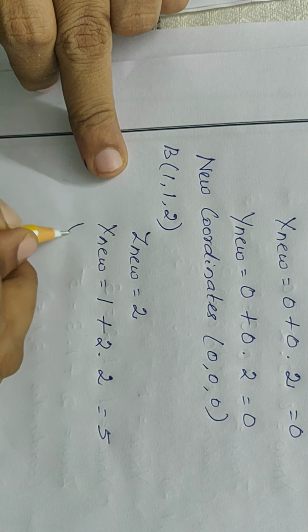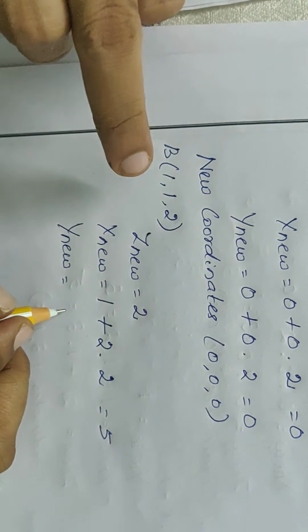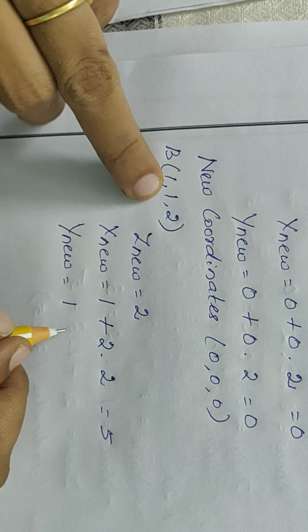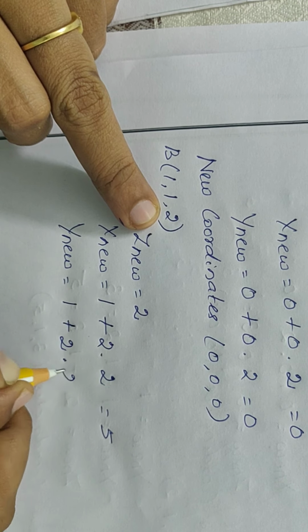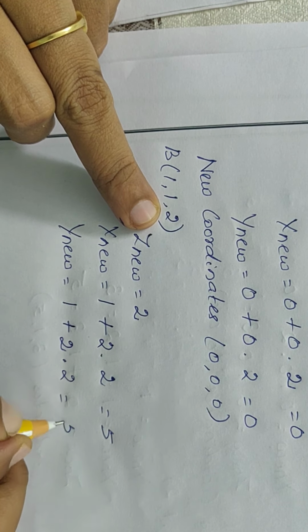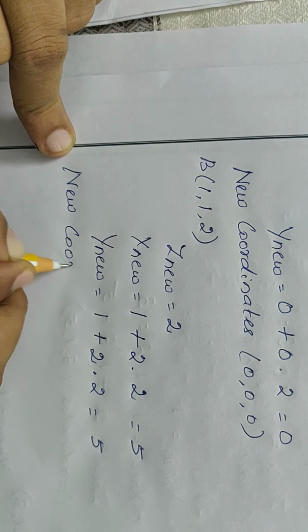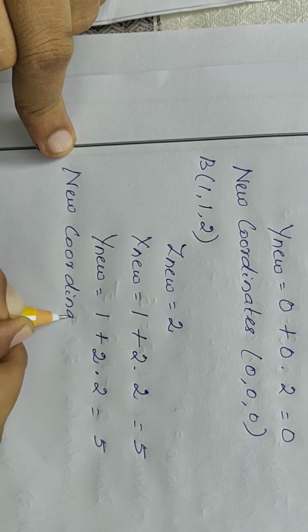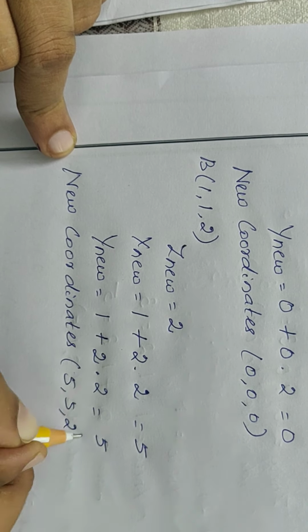Similarly, y new is equal to y old, 1, plus z old, 2, into shear factor along y axis, it is 2. So again it is 5. So when I write the new coordinates, x, y, z, it is 5, 5, 2.